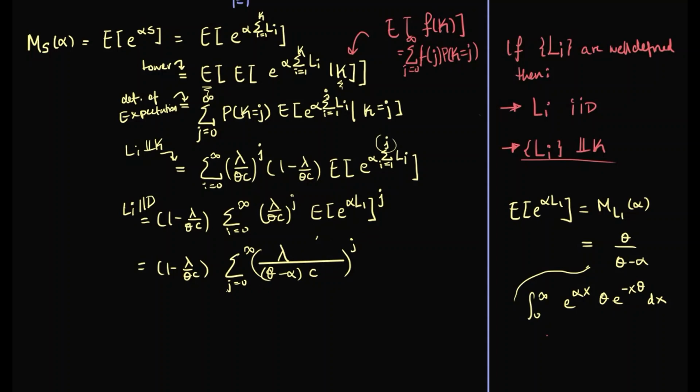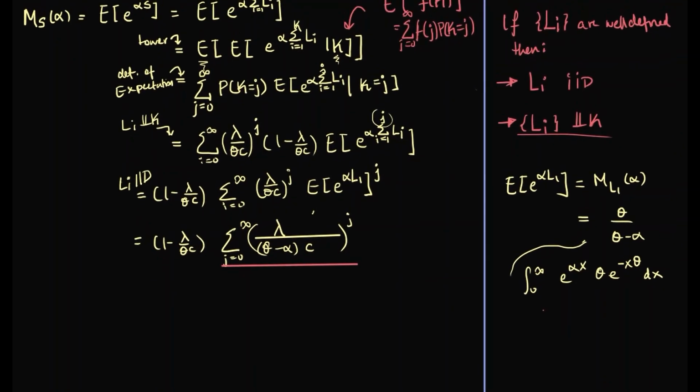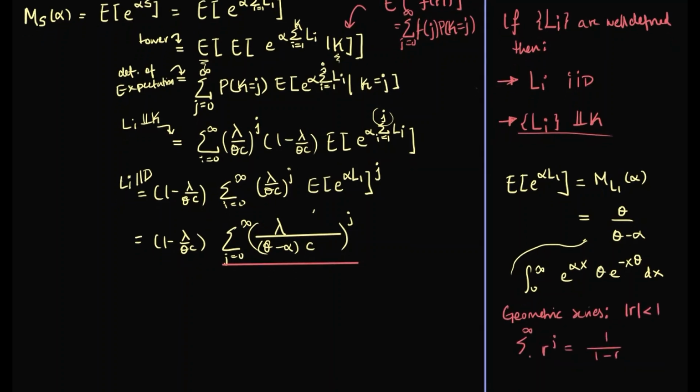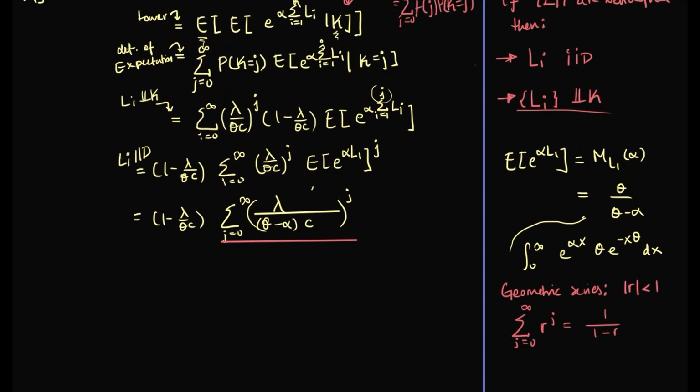What we have here is in fact what we call a geometric series. It is a geometric series which converges as long as the thing inside is numerically smaller than 1. In that case, we'll have a geometric series which takes the value 1 divided by 1 minus whatever is inside here.